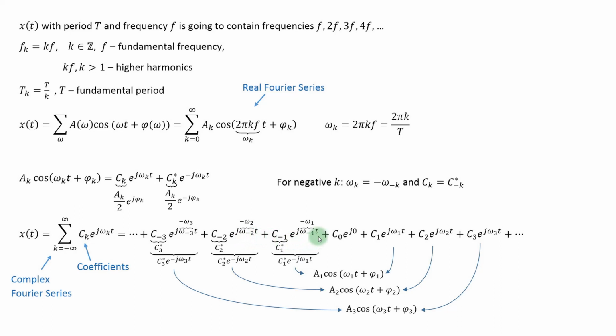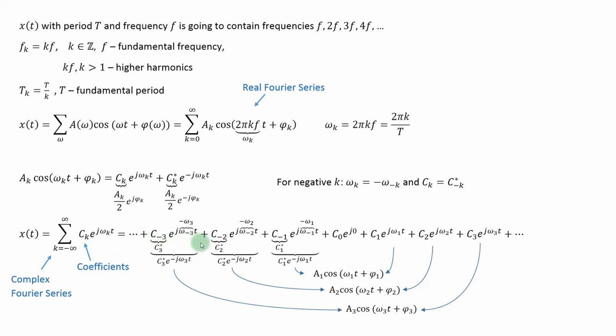This is the summand for k is equal to minus 1. Here the k is 0, 1, 2, 3. Now note that for positive k, that is for k 1, 2, 3, here I'm summing these parts of these cosines.